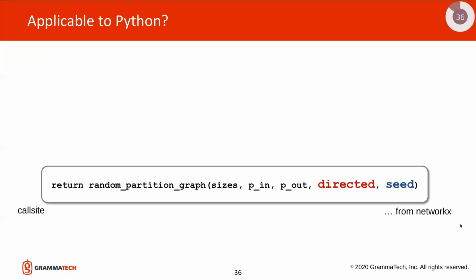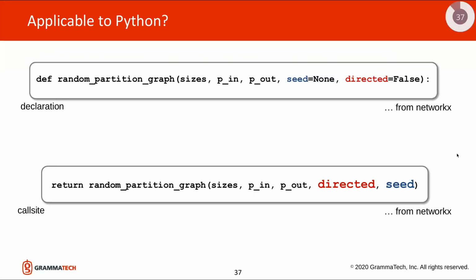After submitting this paper, we also did a brief study of whether our checker was applicable to Python, a dynamically typed programming language. Here's the call in a popular NetworkX Python graph library, and the corresponding declaration. Our checker actually detects a swap over here.